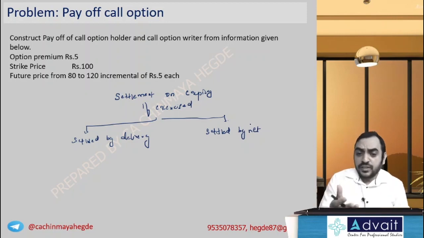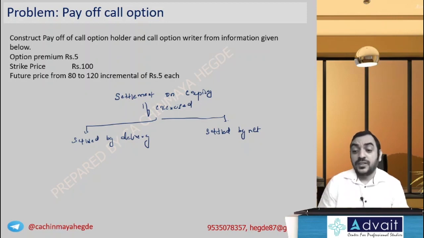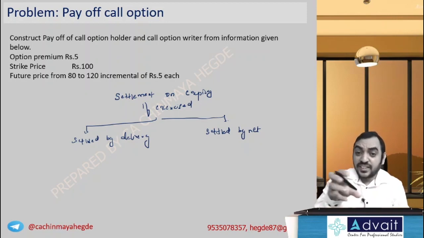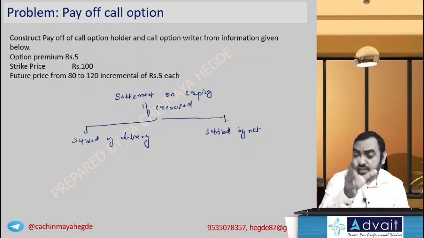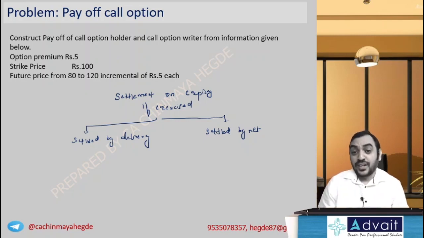And for your information, this settlement by delivery basis and settlement by net basis is very important in your FR, financial instruments, to classify whether something is a financial asset or liability or not, financial instrument or not. Derivatives, there's an important discussion there in your FR, Ind AS 32 and 109. For settlement on delivery basis, a certain type of condition is to be looked at. For settlement by net basis, certain other conditions are to be looked at. Please try to connect when you read there.